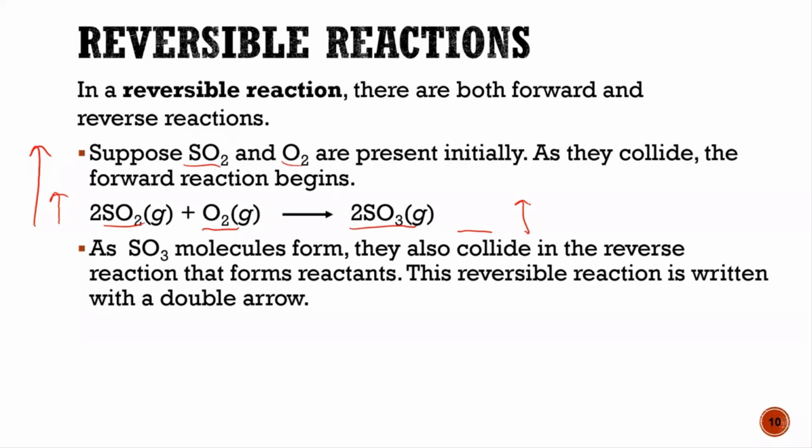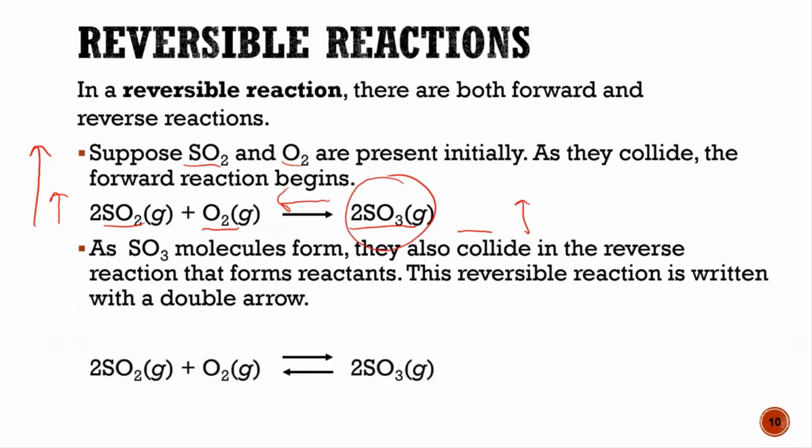Remember, the gases, if they're in a closed system, they can't escape. So if the products now start colliding, we can start seeing them going backwards. And that's why many of your reactions show a double arrow, to represent that there's a forward reaction and there's a reverse.